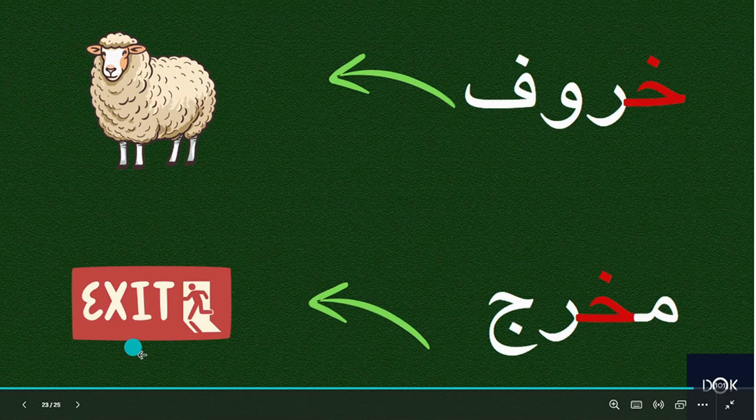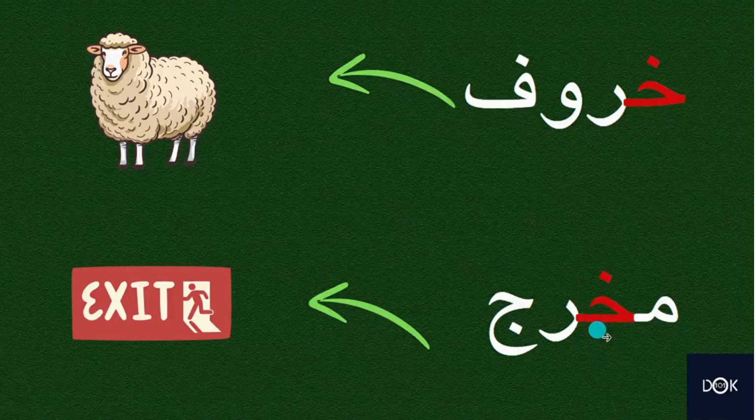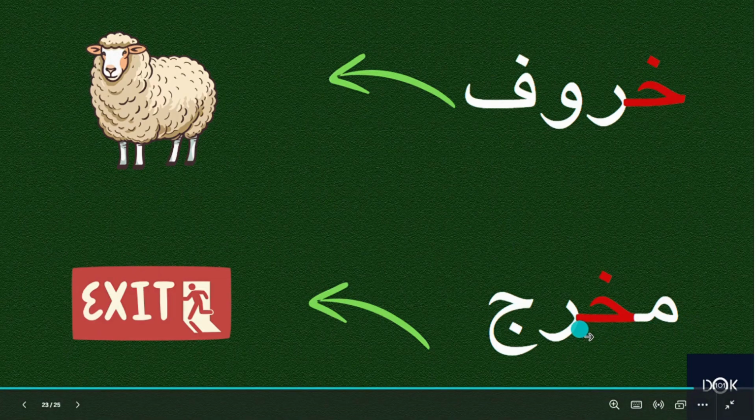Just like khuruj is used for exit, makhraj is another word that is used for the same purpose. And here we see that kha is at the middle of the word and it is joined from both sides to the letter prior to it as well as to the letter that is followed by kha. And that's it for kha.